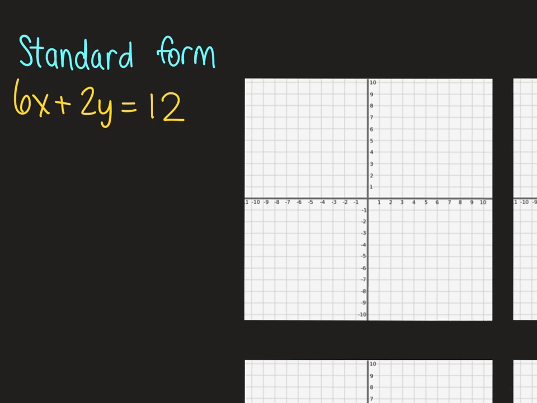So we are going to now only have 2 dots. This method only requires 2 dots. The other method, we had a starting dot and then we use the slope. This method is only going to have 2 dots, and we're going to have 1 dot on the y line and 1 dot on the x line, and we're going to connect them. Now you're thinking, how do I figure this out?